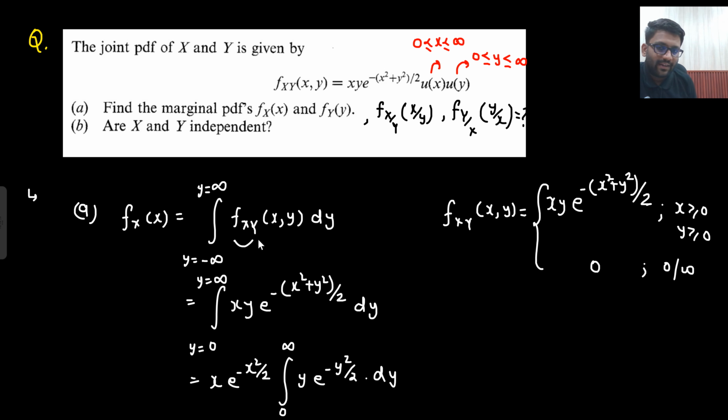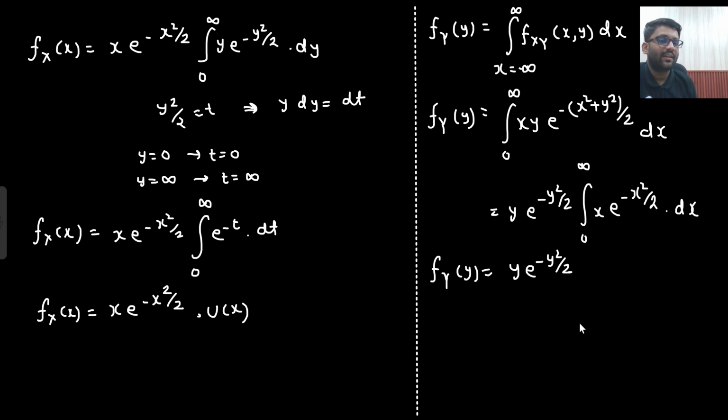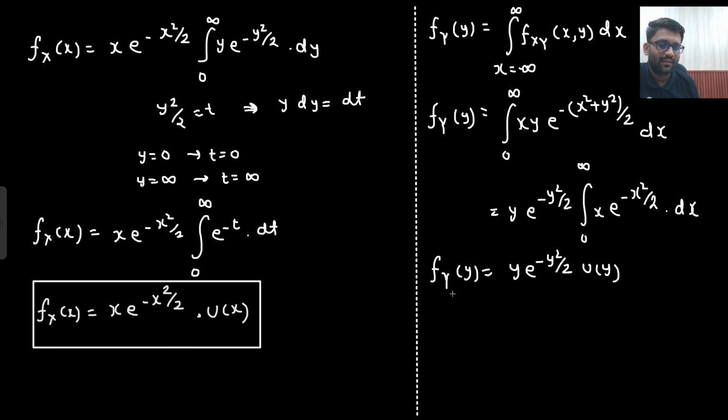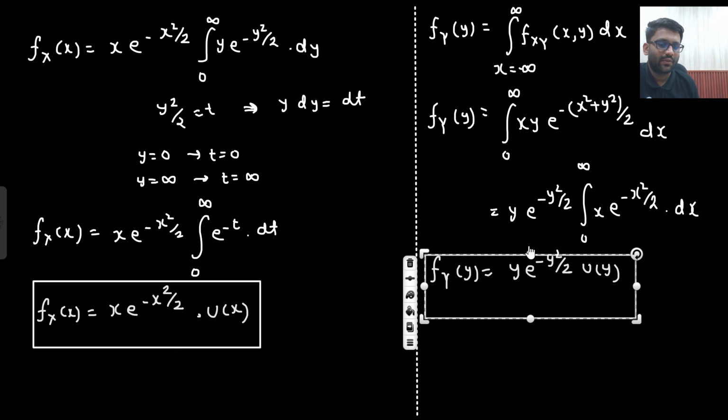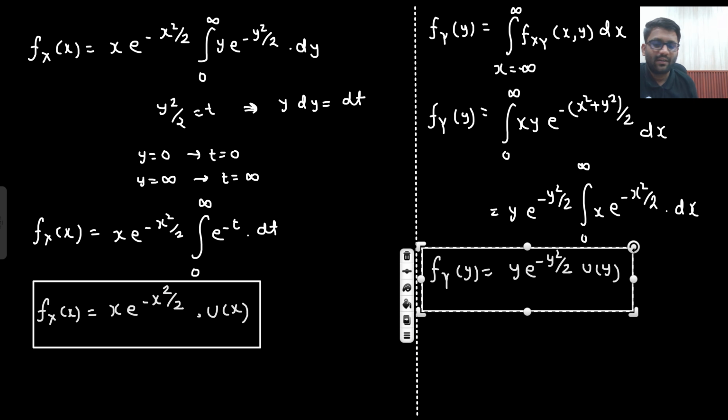Here if I had directly written the f(x,y) expression, where will this u(x) go? u(x) will say that x is greater than 0, and here u(y) will also say that y is greater than 0. So here also I need to add u(y), and here also I need to add u(x). So now this is completed, right? So you have f_Y(y) as well and f_X(x) as well. Next, what you need to find?